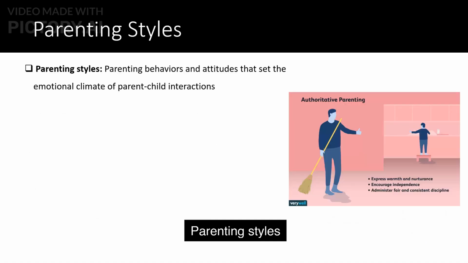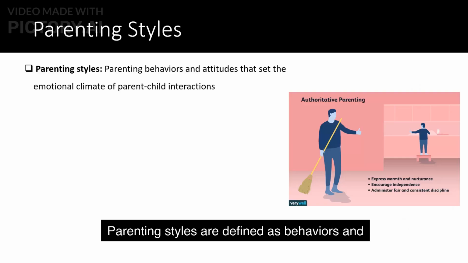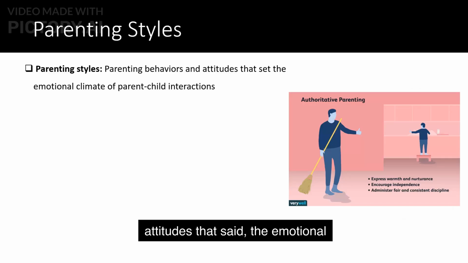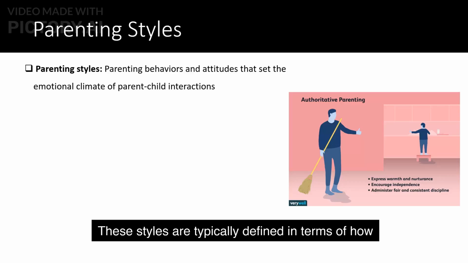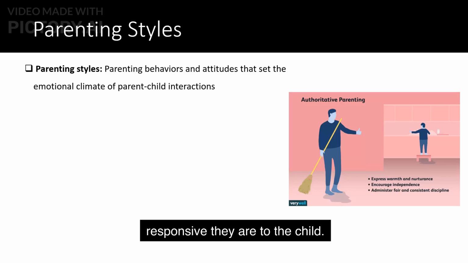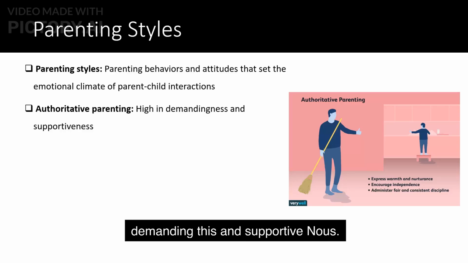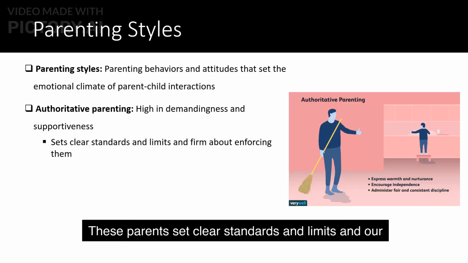Parenting styles can also affect children's development. Parenting styles are defined as behaviors and attitudes that set the emotional climate of parent-child interactions. These styles are typically defined in terms of how demanding the parent is, but also how supportive and responsive they are to the child. For example, authoritative parents are high in both demandingness and supportiveness.